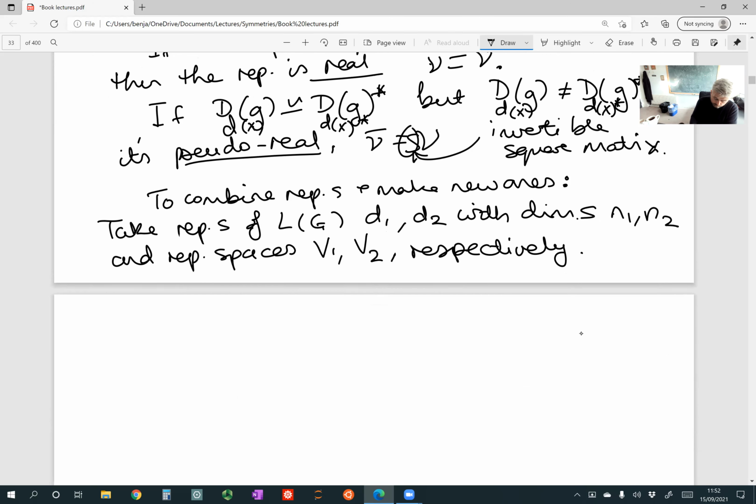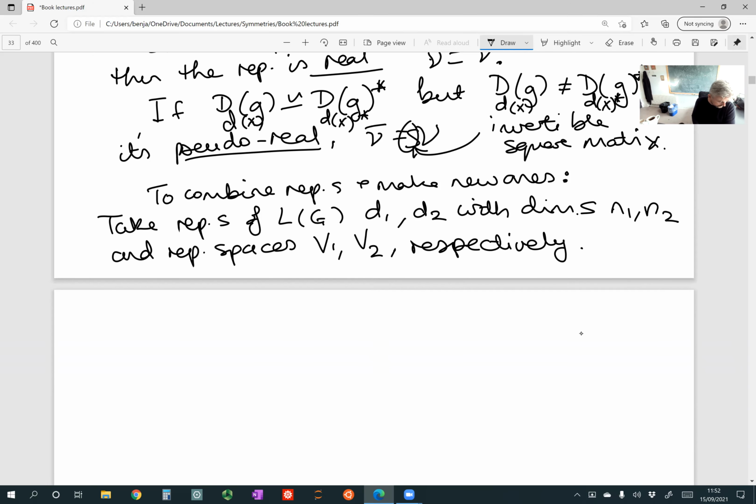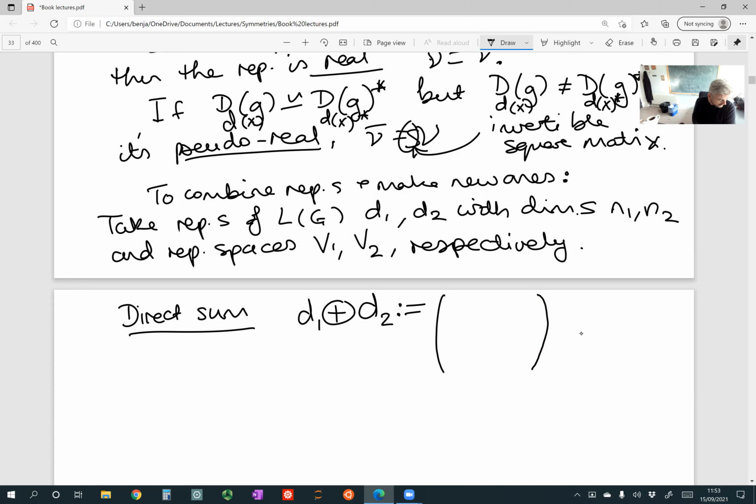Then we have a definition of the direct sum of the two reps, and it's written with a plus sign and a circle. This is the direct sum, this circled plus. What this means is that we form an N1 plus N2 square matrix, which has D1 and D2 down the diagonal and zeros elsewhere.